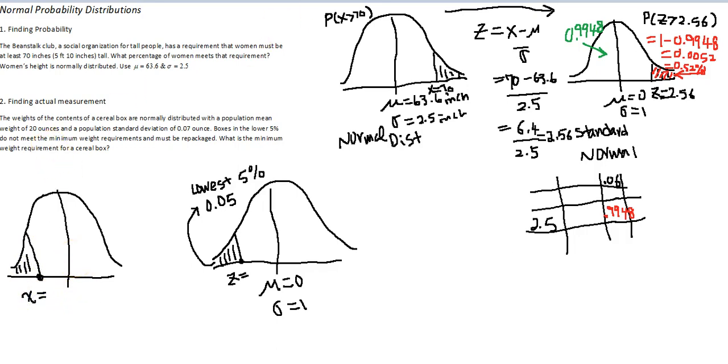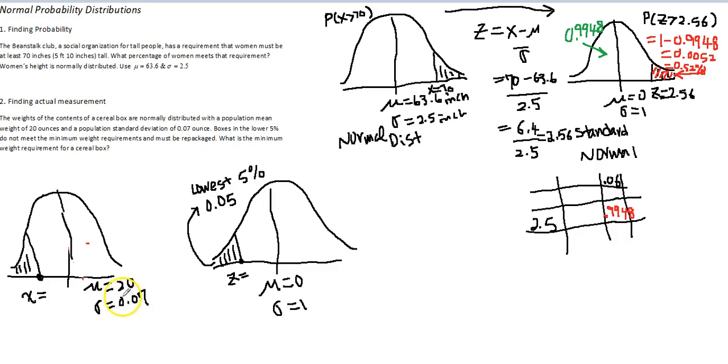We know the population mean mu is already given: it's 20 ounces, and the population standard deviation is 0.07.